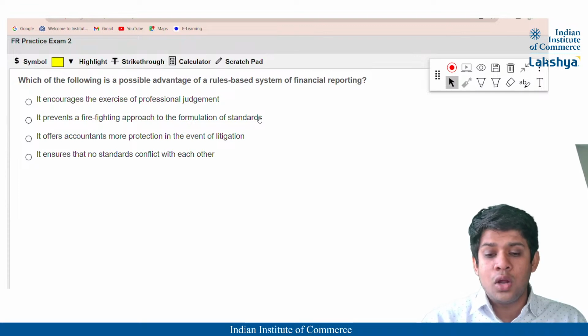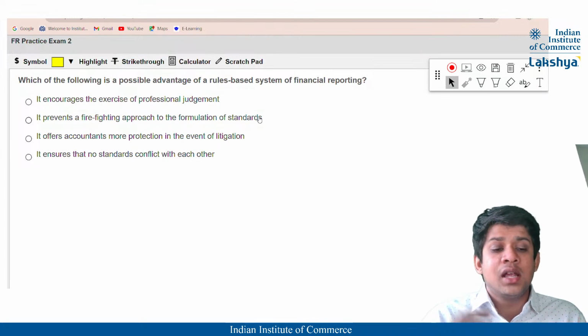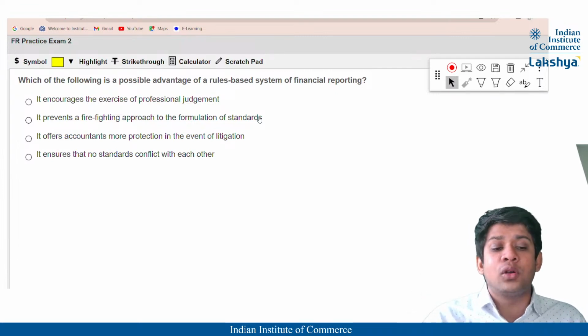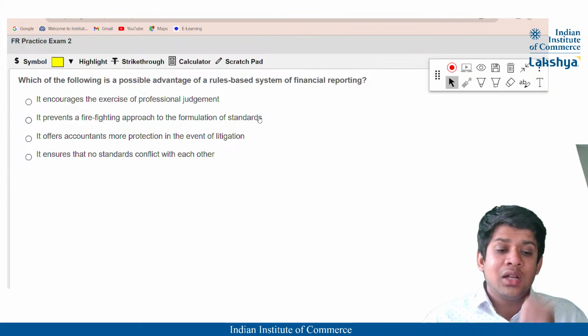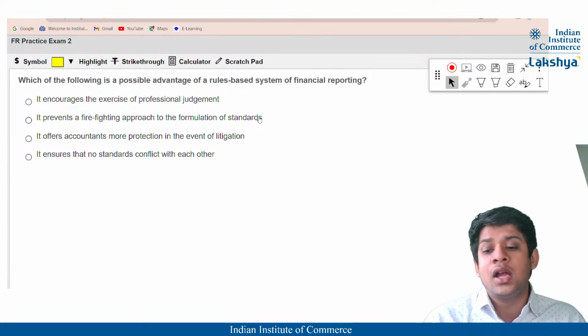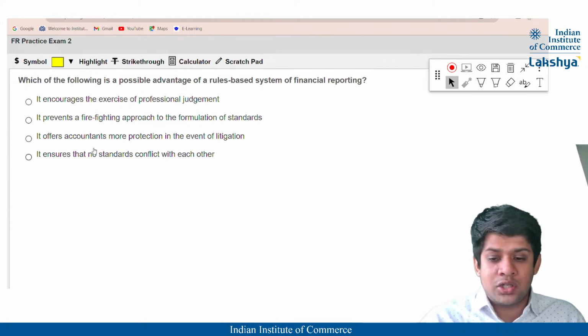That is also not true, because there could be some accounting standards which have certain complexities and which would answer different ways, right? Like if you remember in IFRS 15, I told you that before the introduction of IFRS 15, there were different accounting standards, but they were responding differently as to when and how we are supposed to recognize revenue. Here's the reason why there could be firefighting, and technically that is not an advantage here.